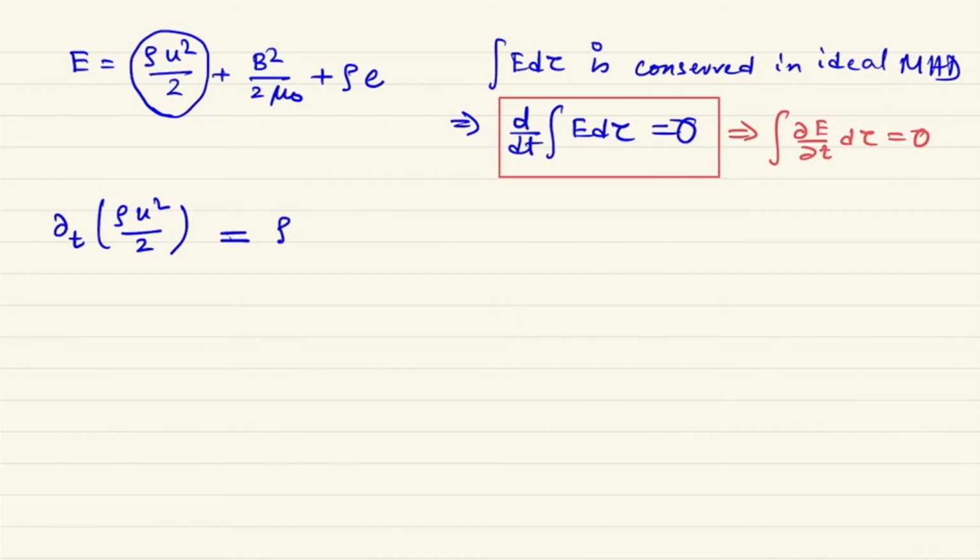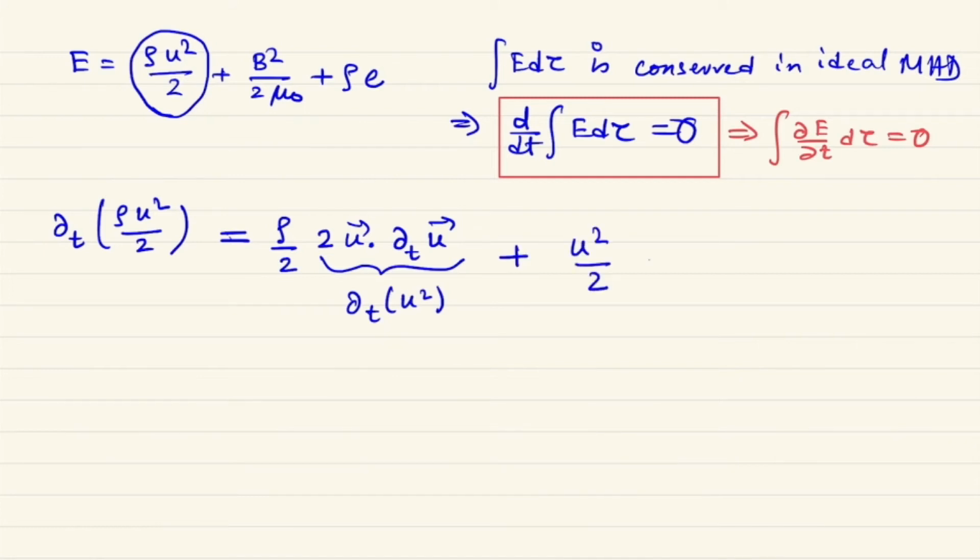So this will be rho by 2 times del t of u square, which is nothing but 2 times u dot del t of u, and then I have another term which is u square by 2 del t rho.